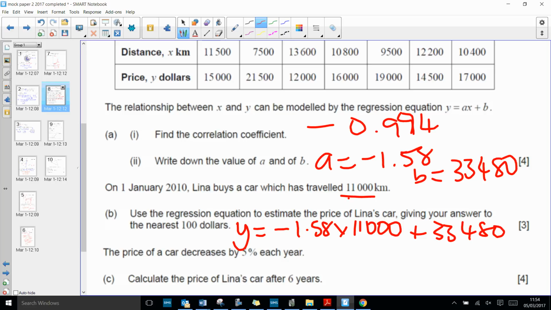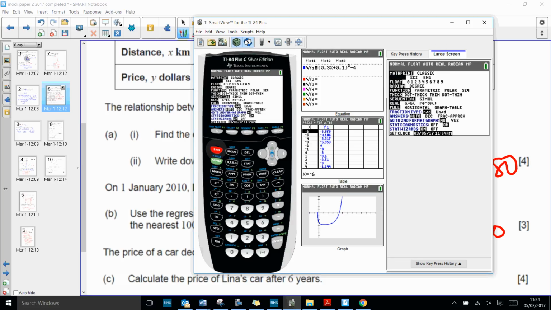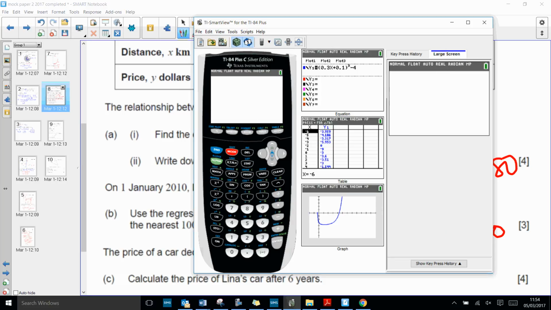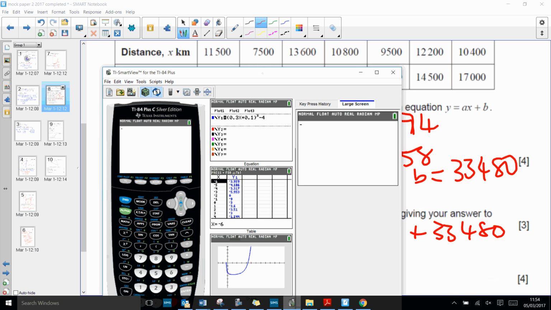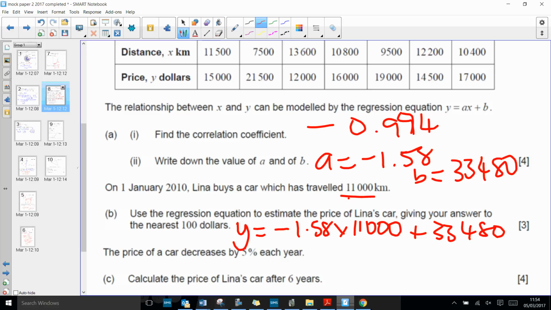So we stick that in our calculator. Negative 1.58 multiplied by 11,000 plus 33480 gives 16100. And that is to the nearest 100.